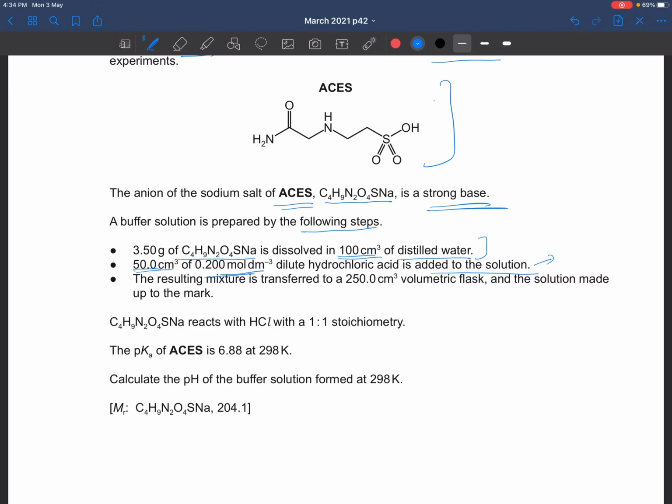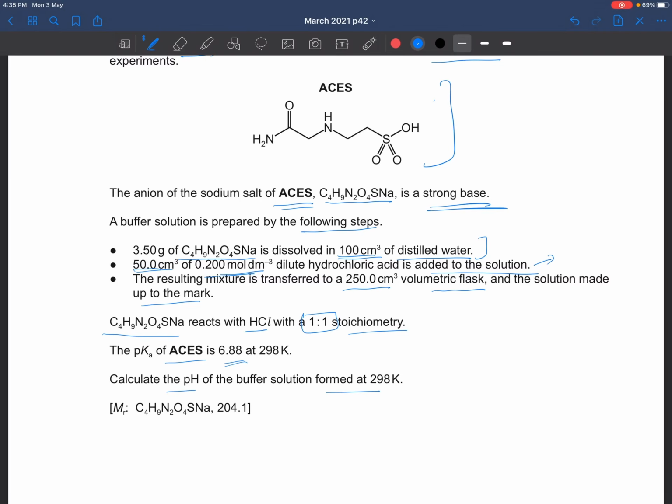The resulting mixture is transferred to a 250 cm³ volumetric flask and the solution made up to the mark. So this sodium salt reacts with HCl in a 1:1 ratio stoichiometry. The pKa of ACES is 6.88 at 298 Kelvin. Calculate the pH of the buffer solution.